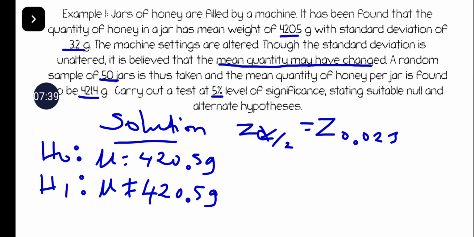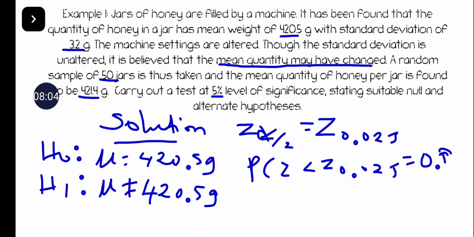Now, the z value here, for us to obtain the probability, it will be probability z less than z 0.025, which will give us 1 minus 0.025, which is 0.975.